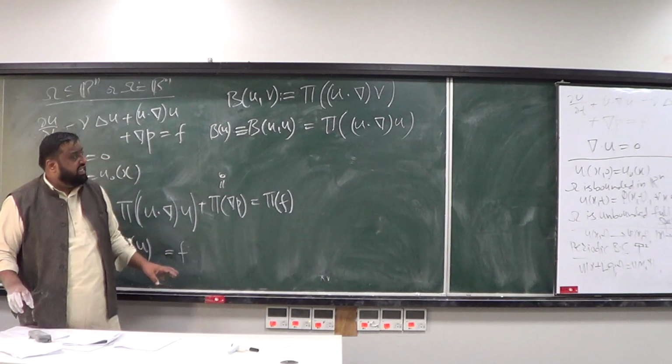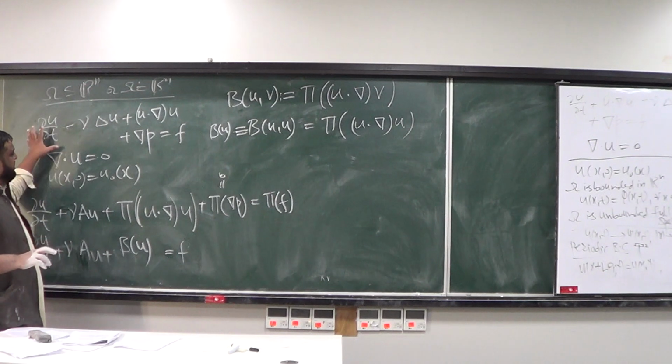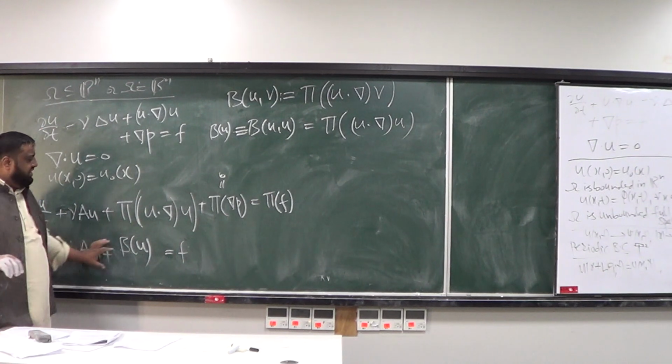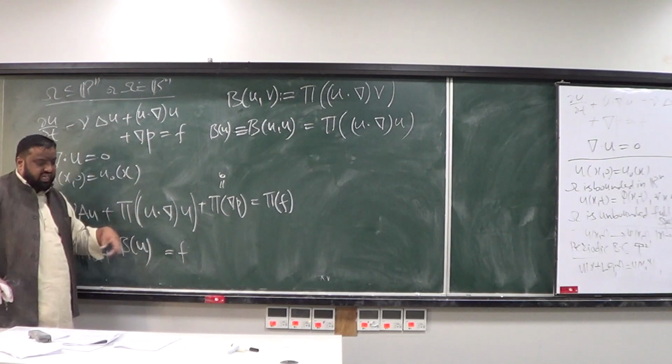So I can write my Navier-Stokes equation as a standard nonlinear evolution equation with a linear operator. In such a form, you can also write this equation in the case when your omega is periodic.